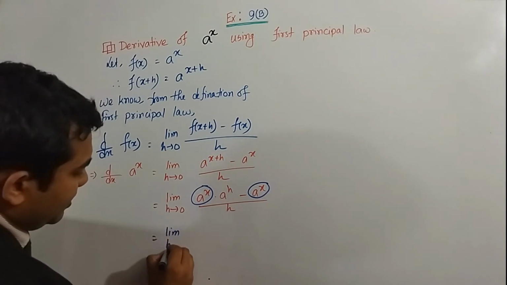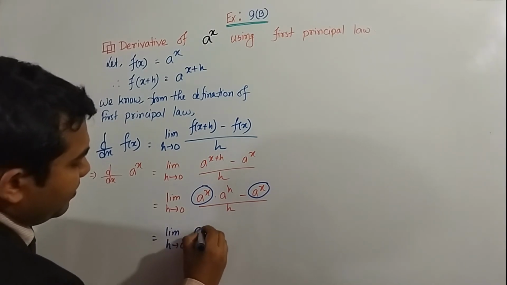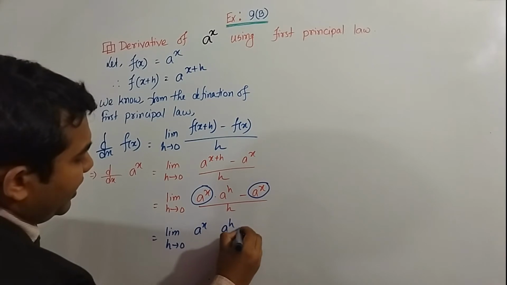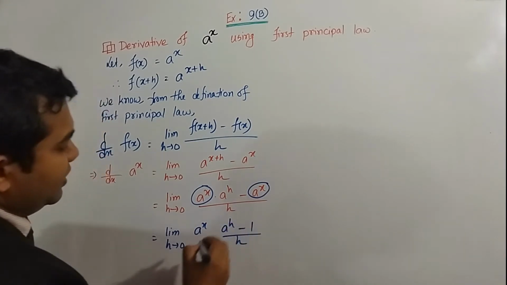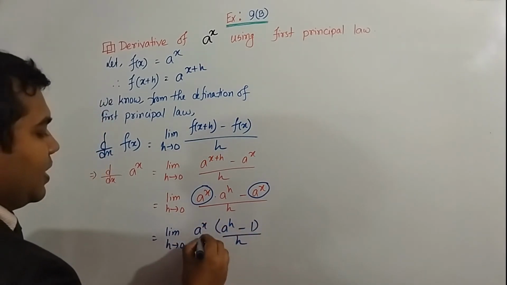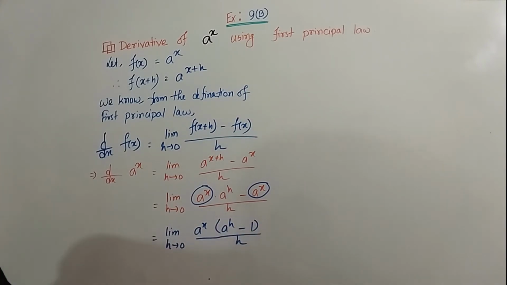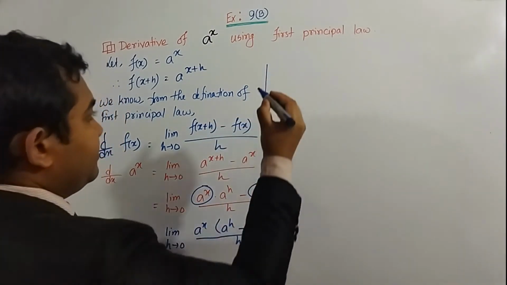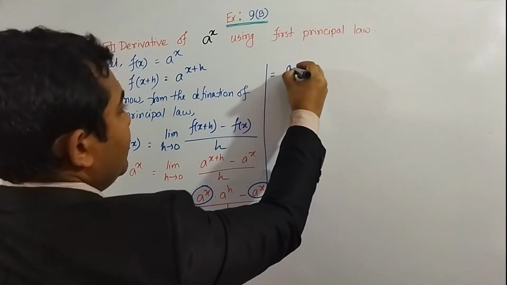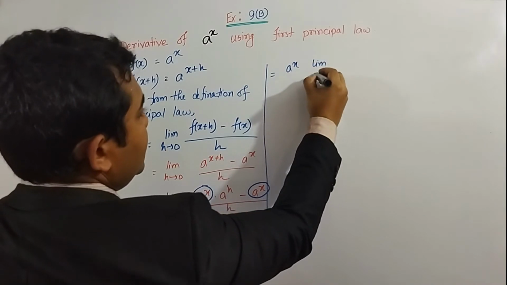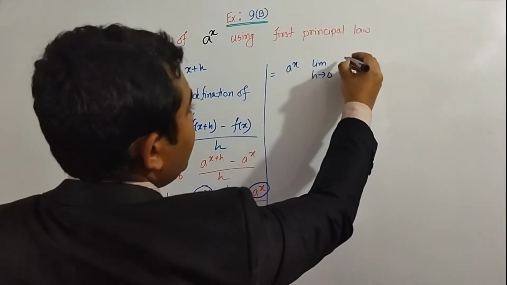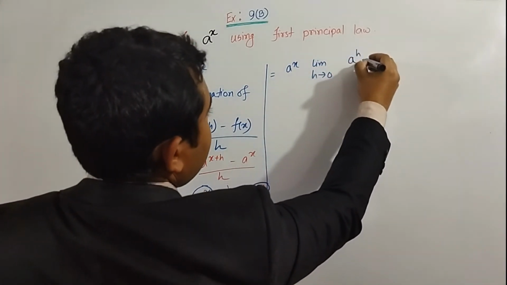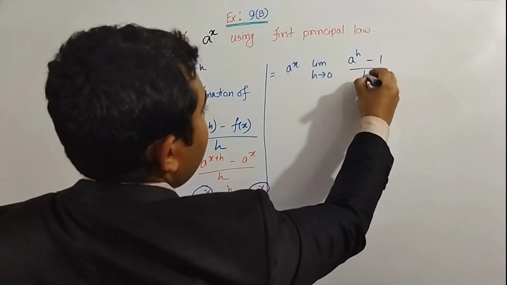Limit h tends to 0 of a to the power h minus 1 divided by h, and obviously a to the power x comes in front of the limit part: a to the power x, limit h tends to 0 of a to the power h minus 1 by h.